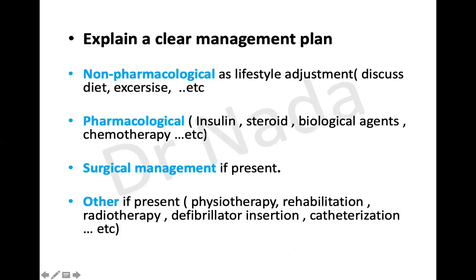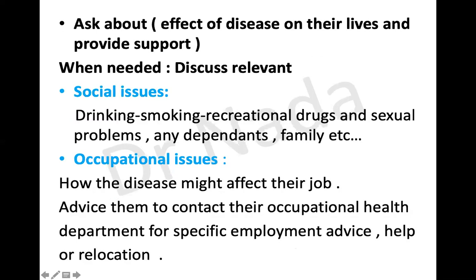Then ask about the effect of this disease on their lives and provide help and support when needed. So, social issues. Why do we ask about drinking and smoking, recreational drugs? Because we need to counsel them and give them advice about it, okay?